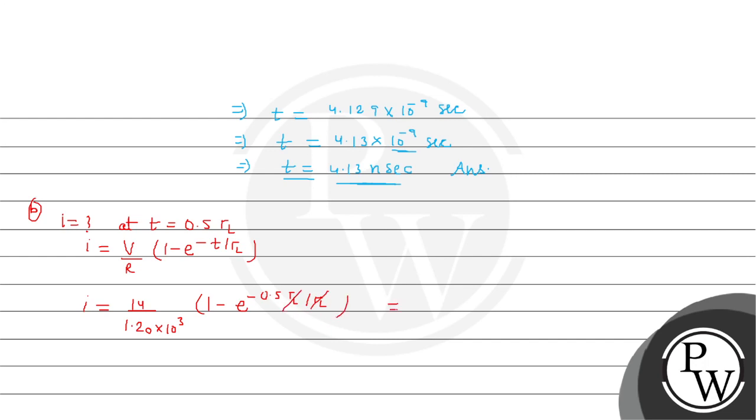So I is equal to 14 divided by 1.20 multiplied by 10 to the power 3, times 1 minus e to the power minus 0.5. On calculating, we get I equal to 4.59 multiplied by 10 to the power minus 3 ampere, which is 4.59 milliampere, because 10 to the power minus 3 is milli. So this is our answer of part B.